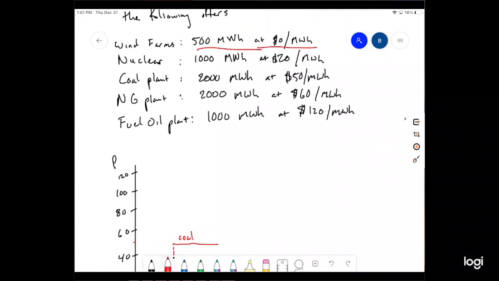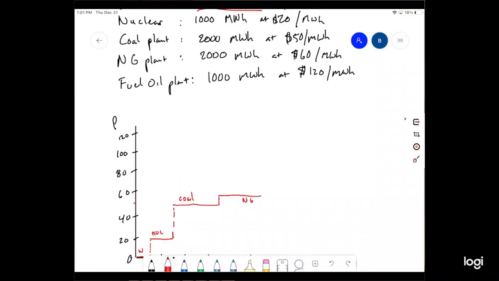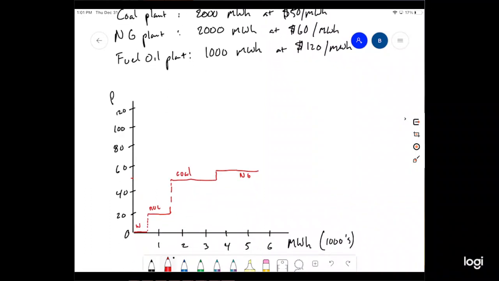Natural gas is 2,000 megawatt hours at $60 per megawatt hour, so we're going to jump up to $60 and add on another 2,000, 1,000, 2,000. So this is our natural gas. And then we have a fuel oil plant which is willing to produce 1,000 megawatt hours at 120. So we have to jump all the way up to 120 to get our last 1,000. Okay, great. So that's oil.